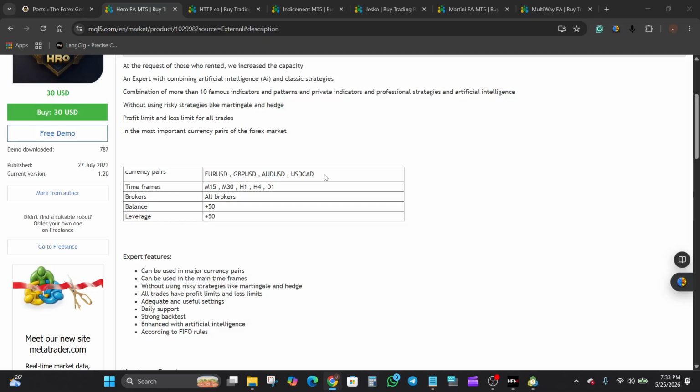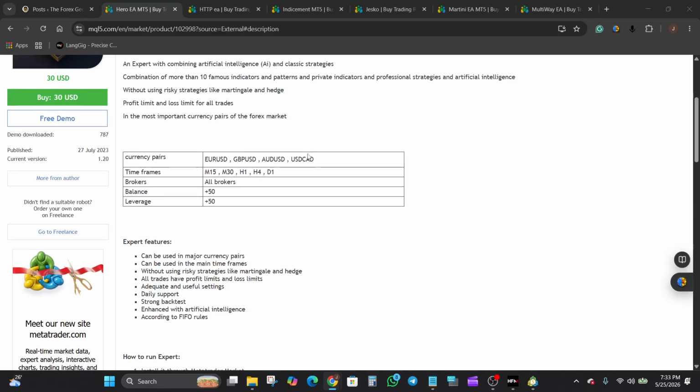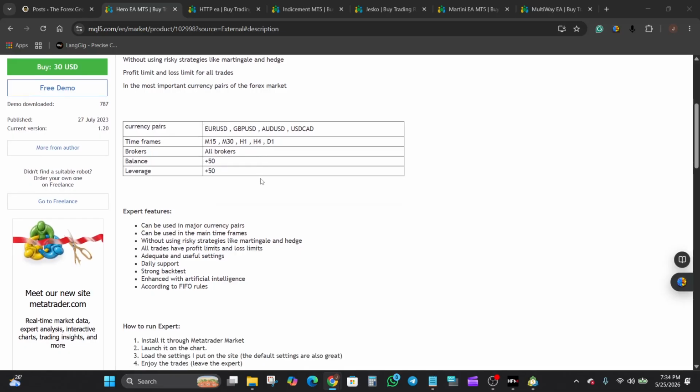All right, so it is designed for major forex pairs like EURUSD, GBPUSD, AUDUSD, and USDCAD, and it supports multiple time frames ranging from M15 all the way up to D1. So it looks fairly flexible, depending on how you want to apply it. It also mentions compatibility with all brokers and relatively low balance and leverage requirements starting from around 50.